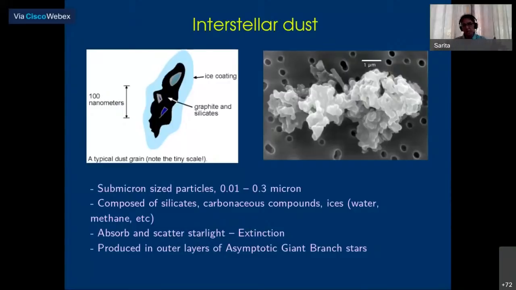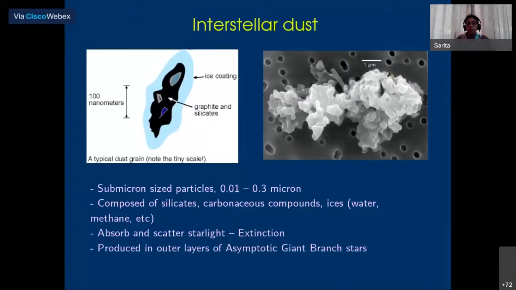So the dust particles may get destroyed very close to a star, because the star gives off UV radiation, and you will not expect dust to be present there. It will be present in regions where it can survive. These dust particles absorb and scatter light, which is known as extinction, and by looking at the interstellar extinction of starlight, we can infer the properties of these dust particles.